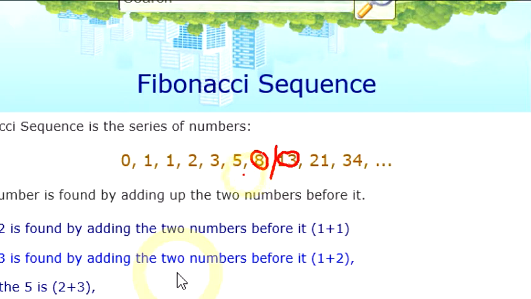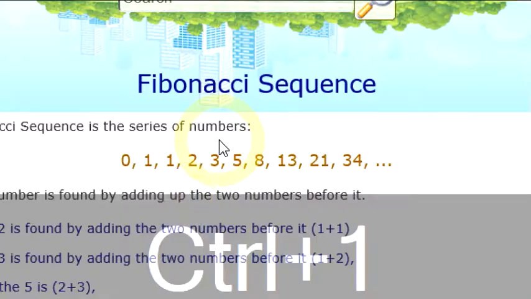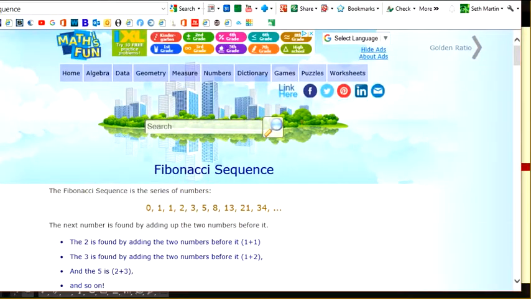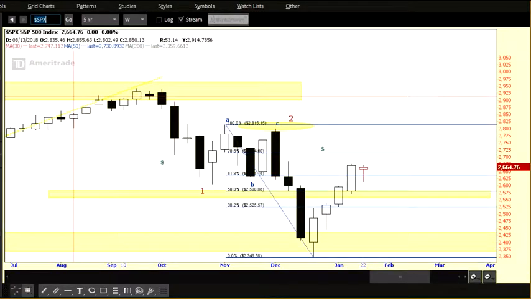As you go further out, it reaches a limit, and it's 0.618, and so on. In other words, if I take 8 divided by 13, it's always an irrational number. That's another interesting thing about Fibonacci. Let me get my calculator up here. Sorry, I don't use this calculator very often.